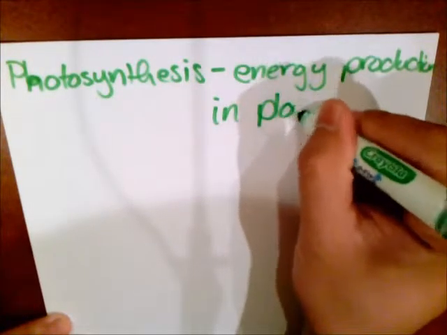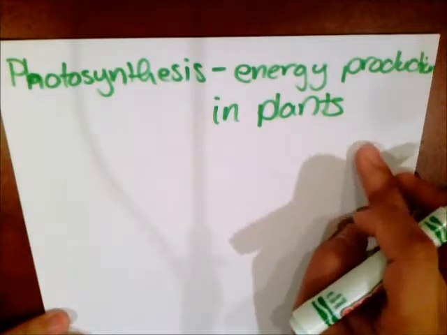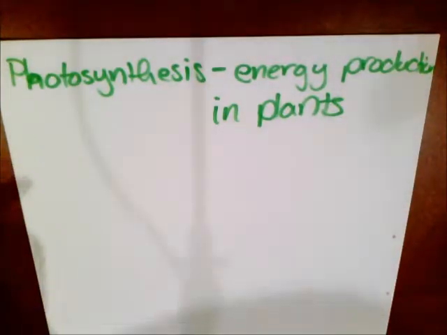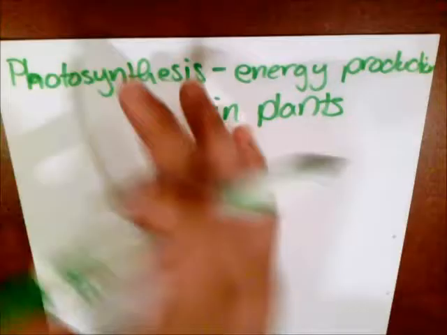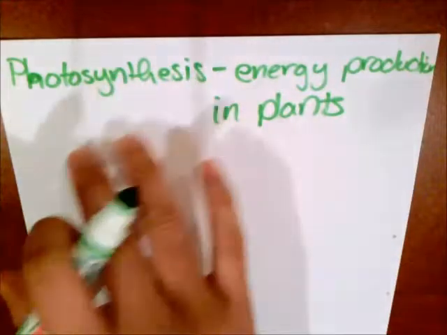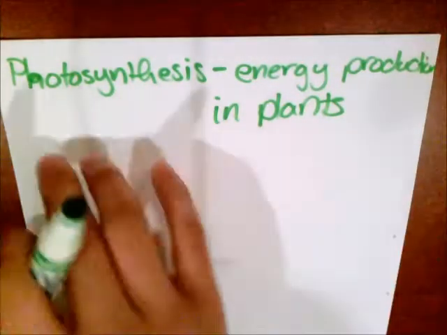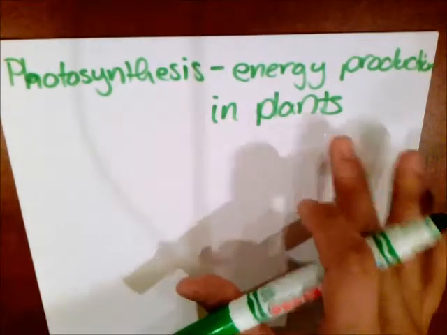Some other things do this. We found that photosynthesis is actually carried out by a lot more than what we originally thought. So there are a lot of strange things like phytoplankton and whatnot that produce energy on their own as well. But for simple sake, we're going to go with photosynthesis is something the plants do.